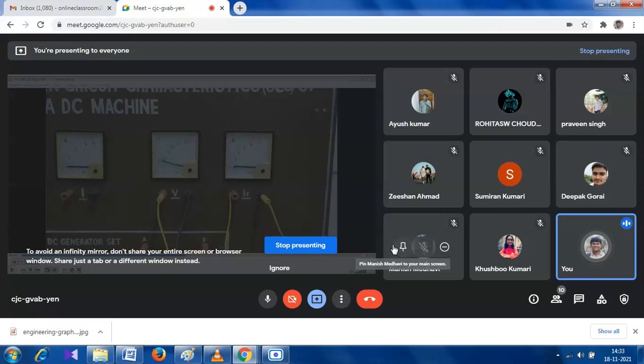In case of the voltmeter, the next reading after 0 is 60, and there are 10 divisions between 0 and 60. Then tell me, what is the smallest division? 6.